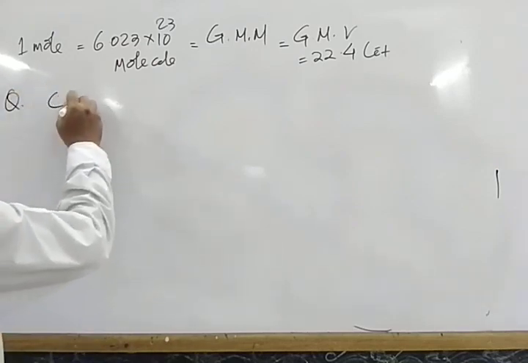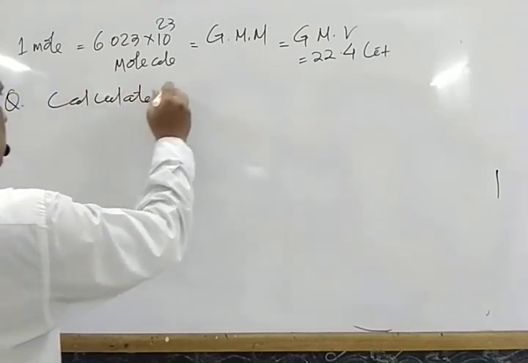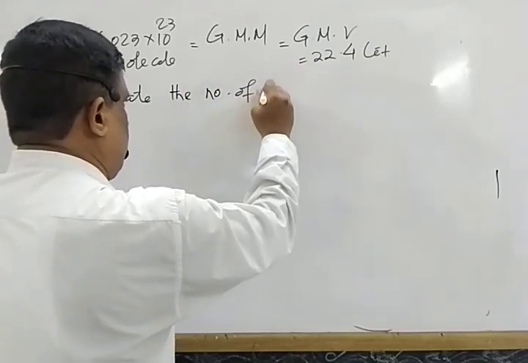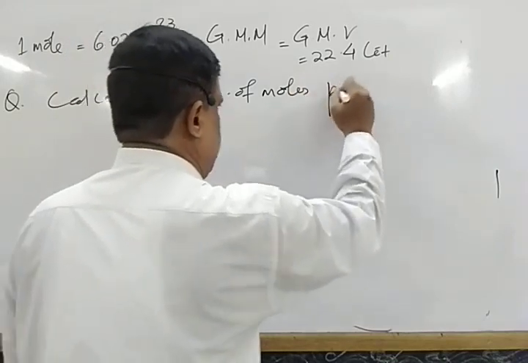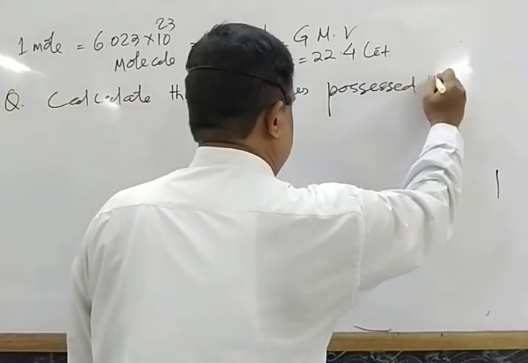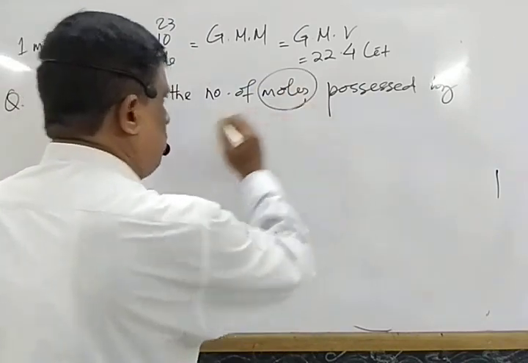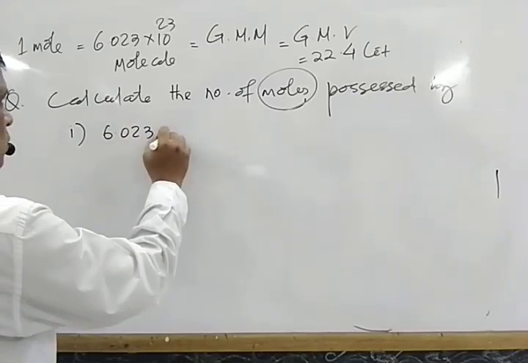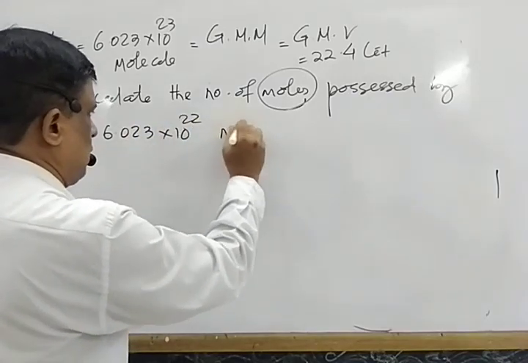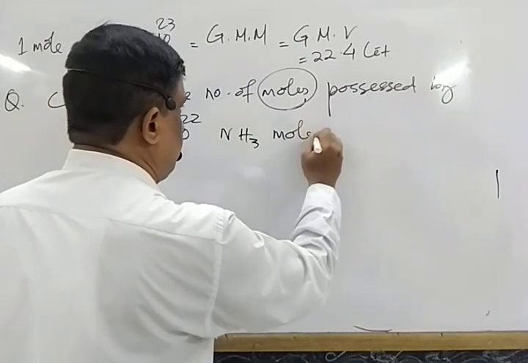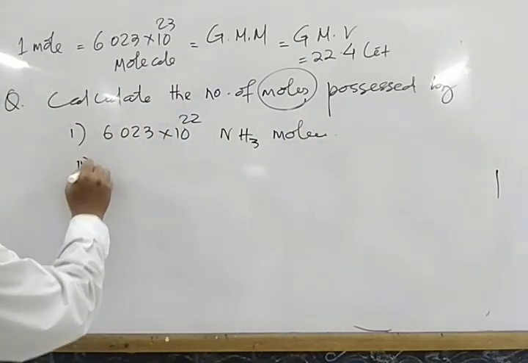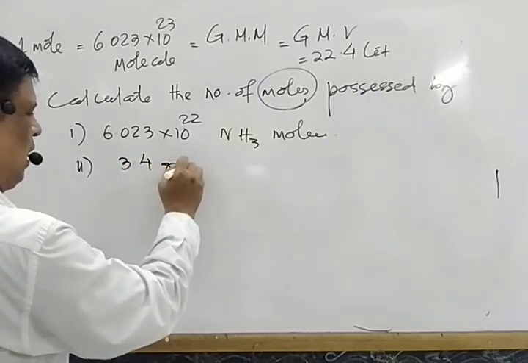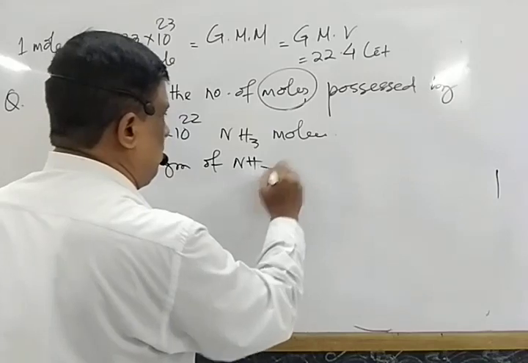Question. Calculate the total number of moles possessed by, first, 6.023 into 10 to the power 22 NH3 molecules. Second, 3.4 gram of NH3 molecule.